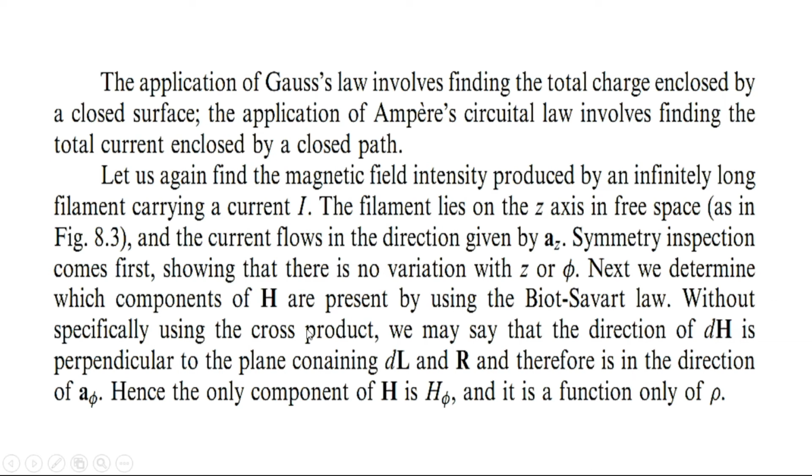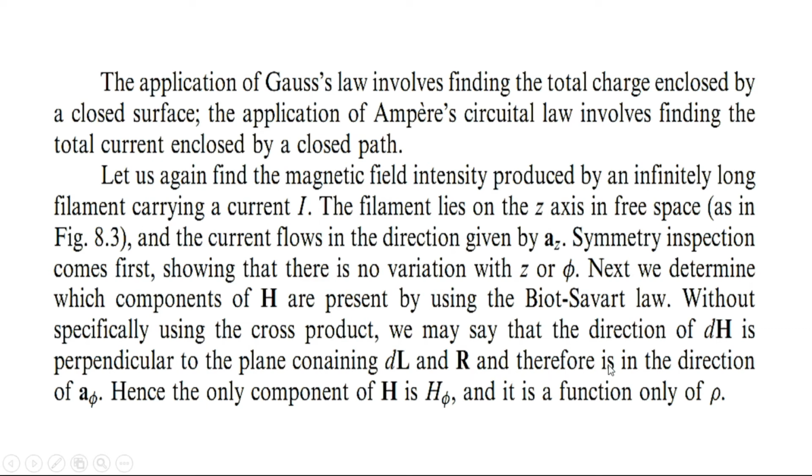Without specifically using the cross product, we may say that the direction of the differential magnetic field intensity is perpendicular to the plane containing dl and r, and that component is actually the phi component.